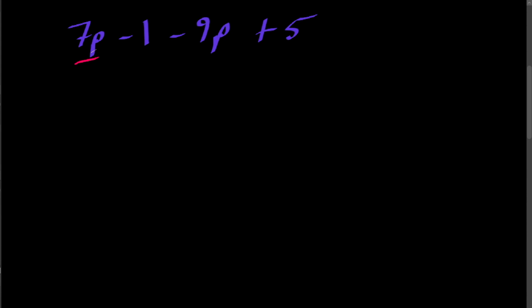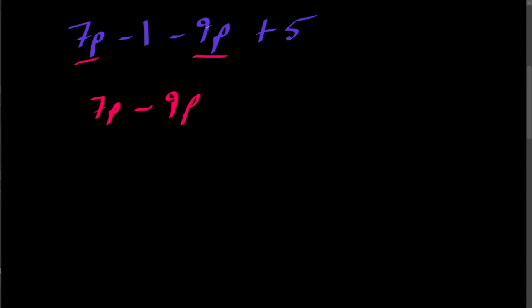So now we're trying to look for another term with p in it, and there is one. It's 9p. All right. Now, do those p's have the same exponent? Yeah, they do. They both have an exponent 1. So if they both have an exponent 1, then that means that we can say 7p minus 9p. And you may be asking, where the heck did I get the minus from?